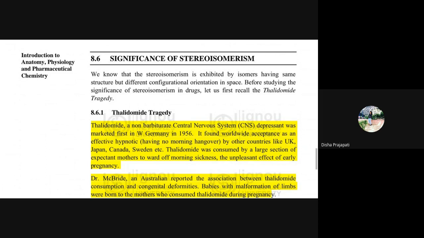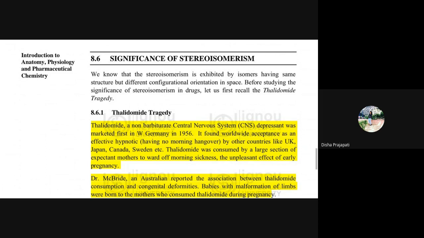Thalidomide is a non-barbiturate CNS depressant which was marketed first in West Germany in 1956. It found worldwide acceptance as an effective hypnotic, having no morning hangover by other countries like UK, Japan, Canada, and Sweden. Thalidomide was consumed by a large section of expectant or pregnant mothers to ward off morning sickness, the unpleasant effect of early pregnancy.